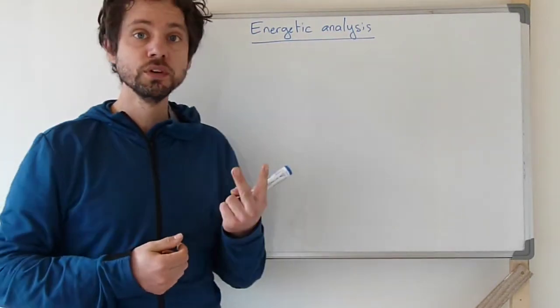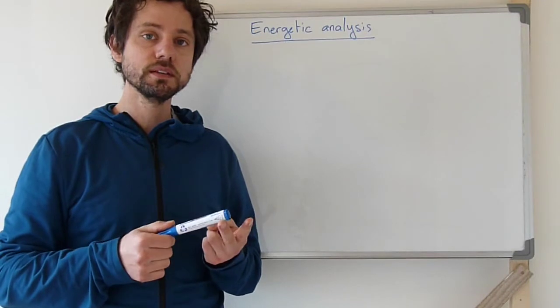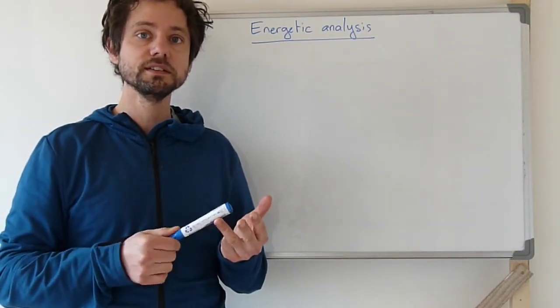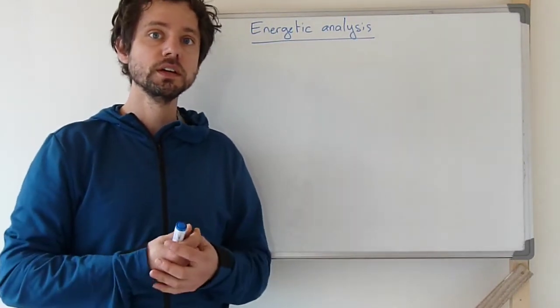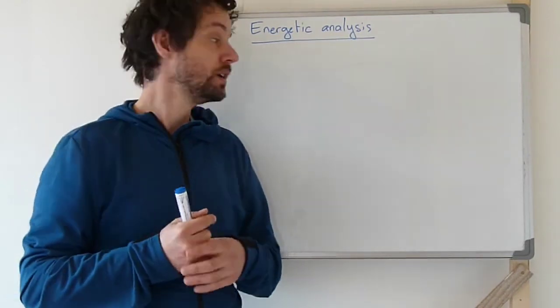So we have two heat exchangers, the evaporator and the condenser, and then we have one device that is receiving a technical work that we need to pay to make it work. That's the compressor receiving technical work.